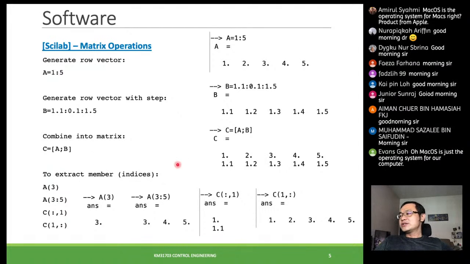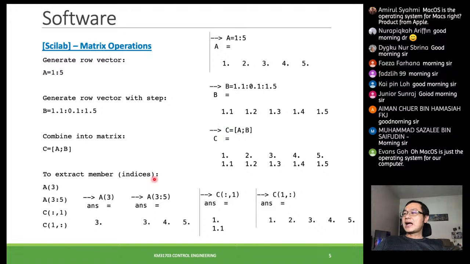Since this generates one row of the matrix, and another row, if you combine them together you will see your matrix in this form, in two rows. So always try to type and check what the result is. Once you type and enter, it will generate this result for you. This is actually a screenshot from the software that I tried and show here. You can always try your own values.